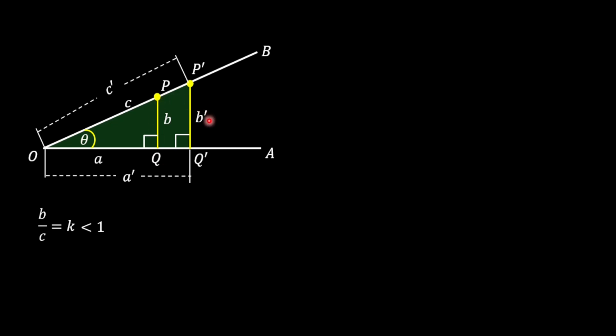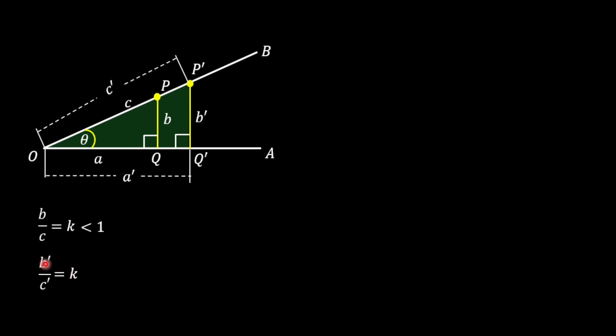I want to construct the ratio for this prime triangle of the perpendicular and hypotenuse, that is, B prime over C prime. Now the most interesting thing is that this ratio is always equal to the same number K.